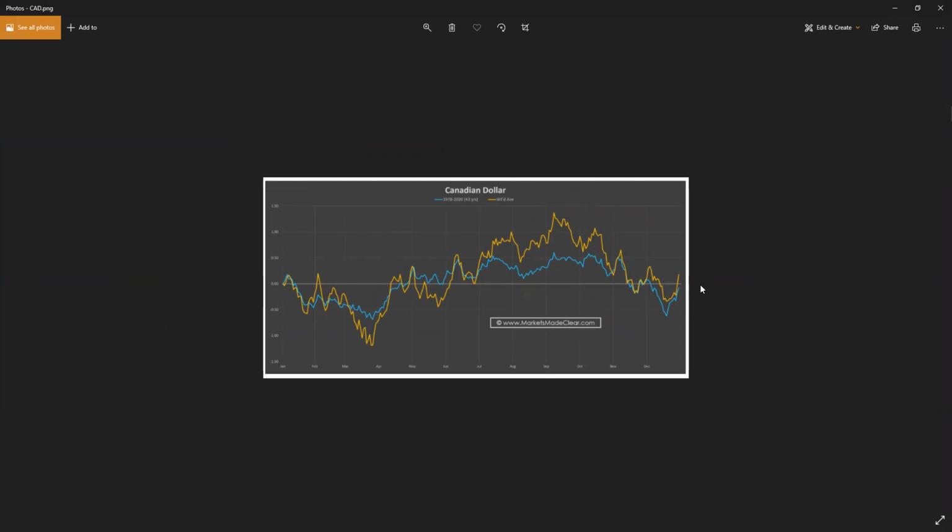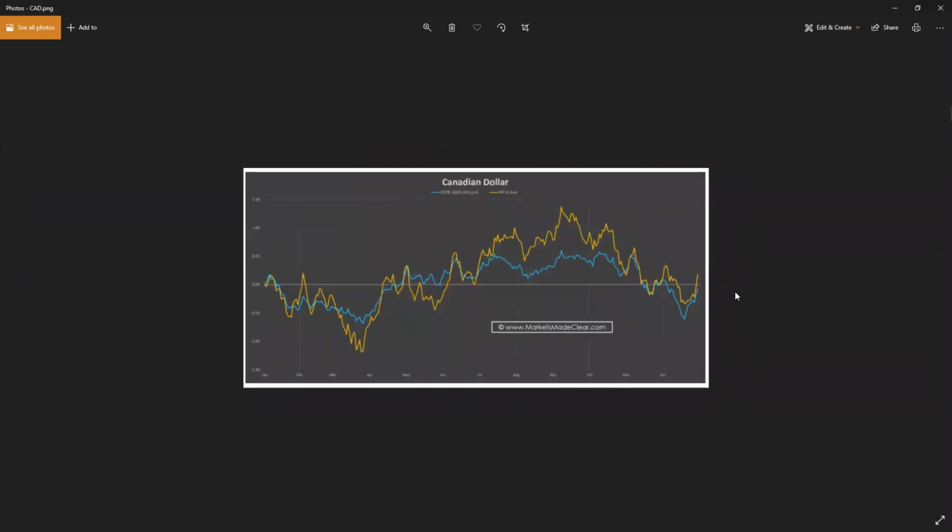So let me just play. Obviously, if we trade USD CAD and we are going to talk about a bullish scenario for USD CAD based on the Canadian dollar seasonal tendencies, I want to point your focus from this low point to this high point.